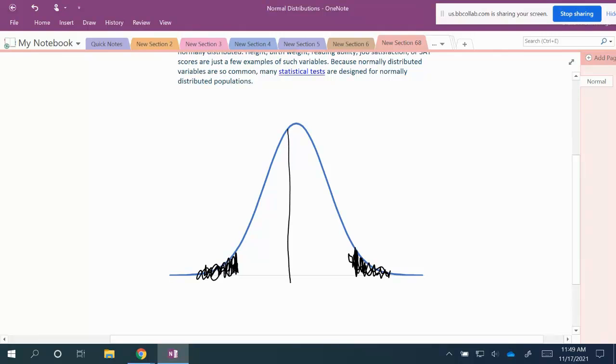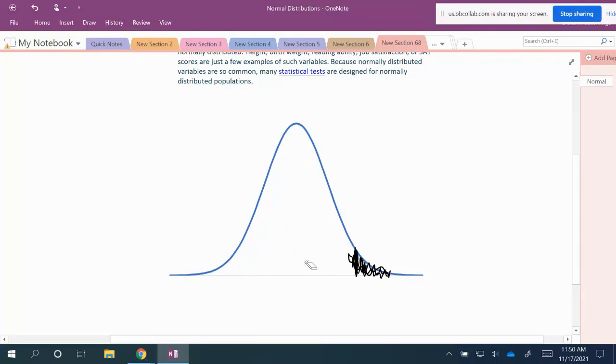The majority of individuals or the majority of area is concentrated somewhere in the middle, right? So that's an example of normally distributed data. There's not too many data points on the low end. There's not too many data points on the high end. The majority of the data points are somewhere in the middle.